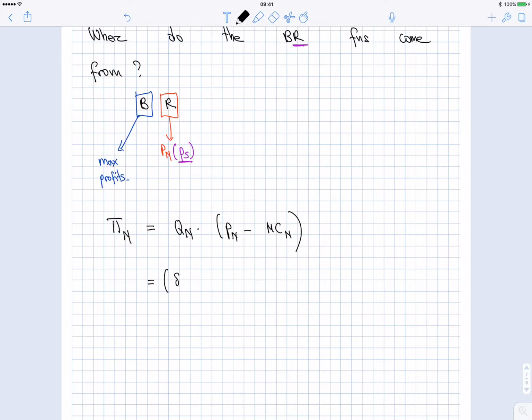Well, we know that Qn is equal to 8,000 minus 500 Pn plus 100 Ps, times Pn, and we know that the marginal cost of north is 5, I believe? Yes. 5. So this is the profit function of north.